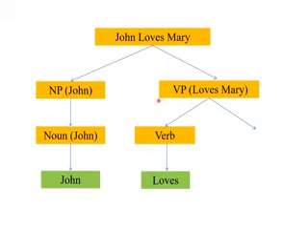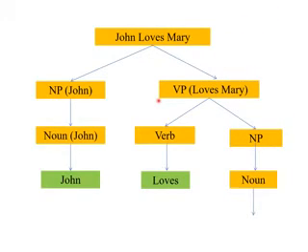In this case it is Mary. This noun phrase will be a noun, that is Mary. Here John, loves, and Mary are the terminals, and that's why we can break down this sentence into such a parse tree. So this is the parse tree for the given statement.